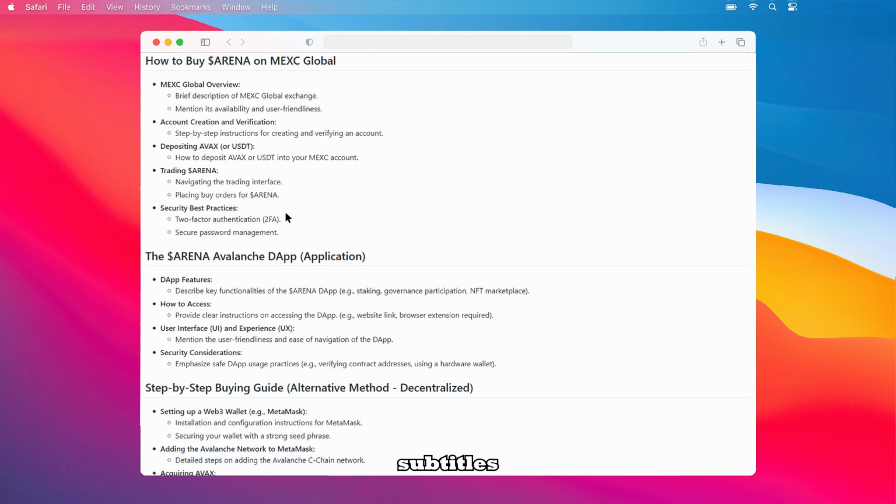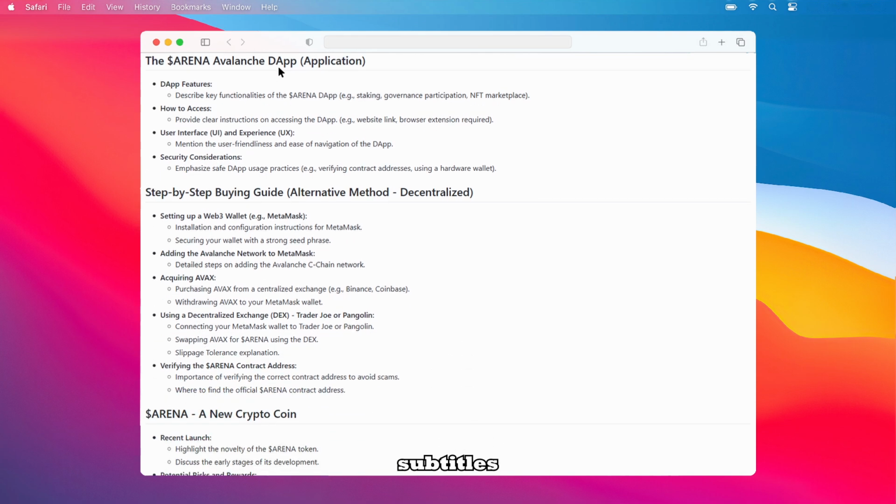We'll also touch on the user interface, UI, and user experience, UX, highlighting the DAPP's user-friendliness and ease of navigation. We also want to emphasize safe DAPP usage practices, such as verifying contract addresses and considering the use of a hardware wallet to safeguard your funds.